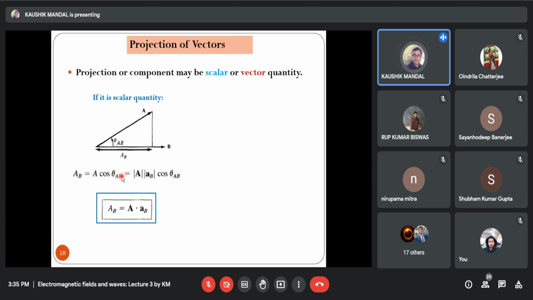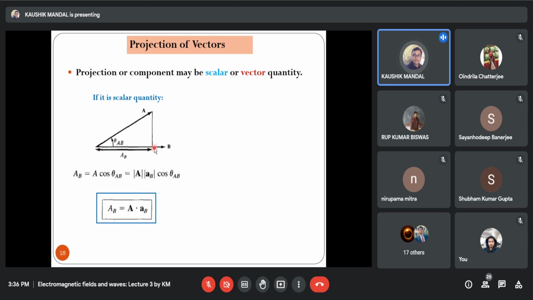This is nothing but a scalar quantity. Now this A cos theta can be written in this particular form: A into the unit vector along B, where A is the magnitude of vector A and a_B is the unit vector along vector B. So that A_B becomes A dot a_B.